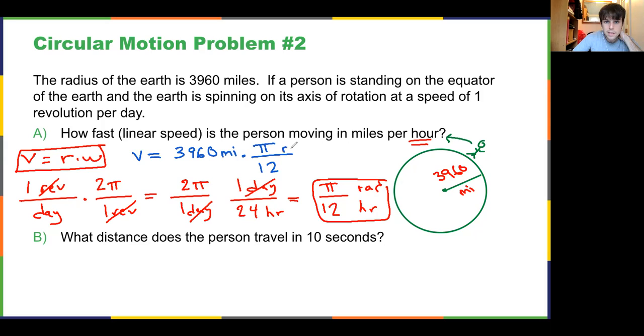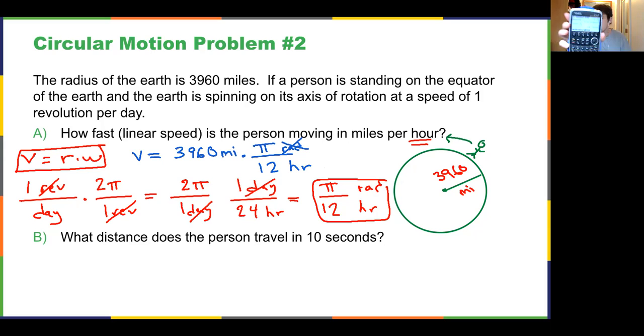And that's going to be in radians, which remember is not really a unit, so I can get rid of that, per hour. So I'm getting my final answer in miles per hour, and I'm going to multiply this all out to get an estimate. So I'm doing 3,960 times, I'll use pi again because we're dealing with large numbers, pi over 12.